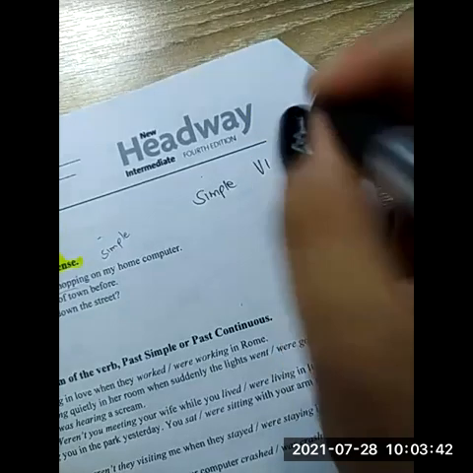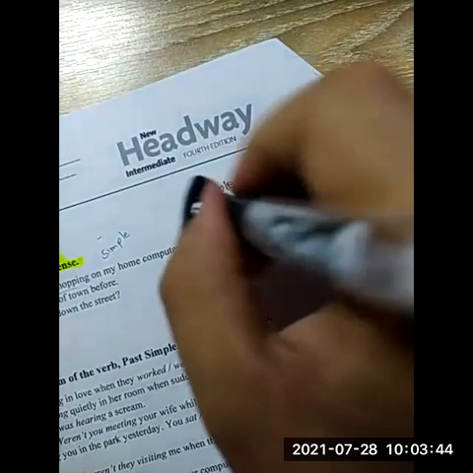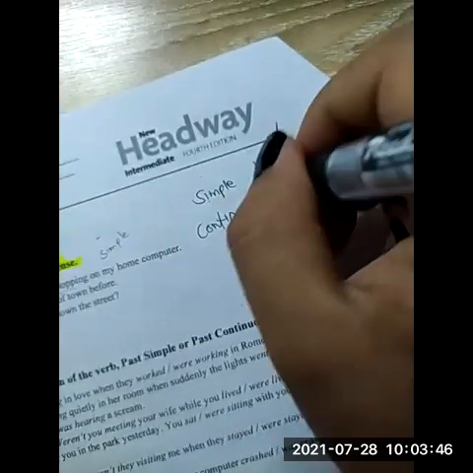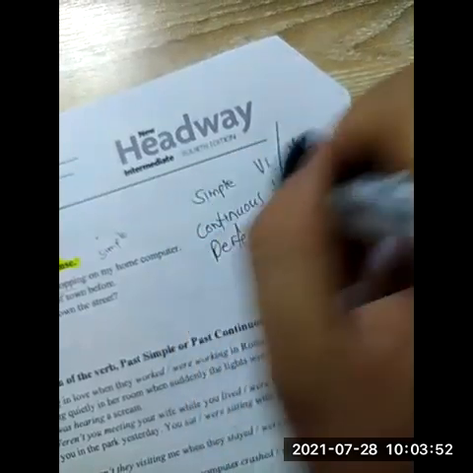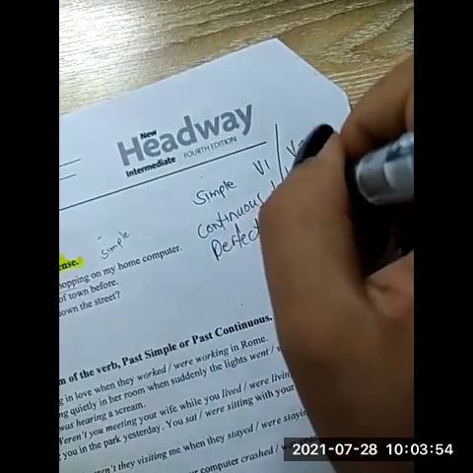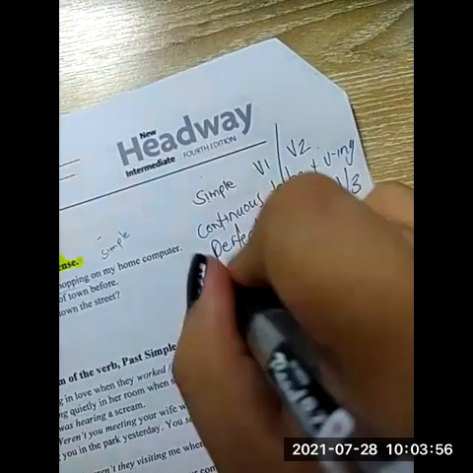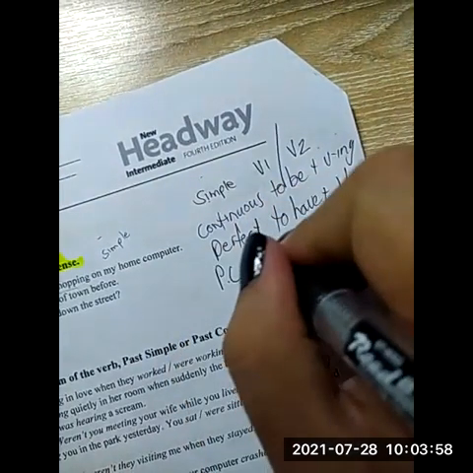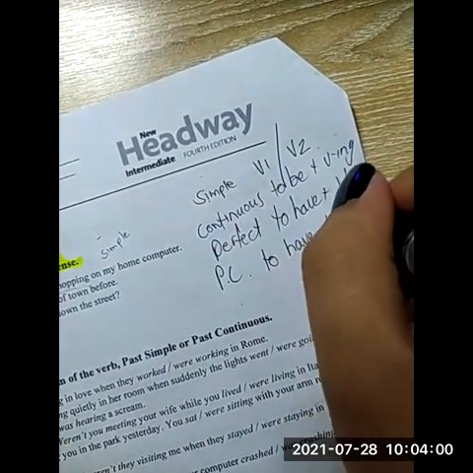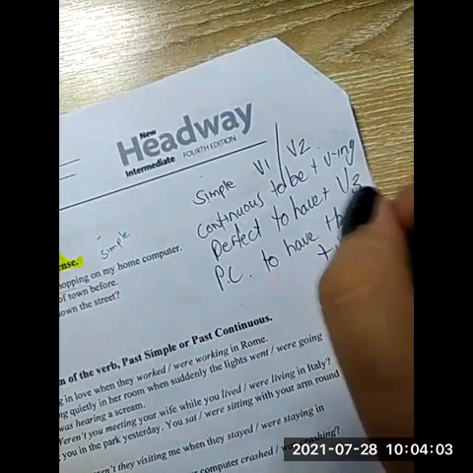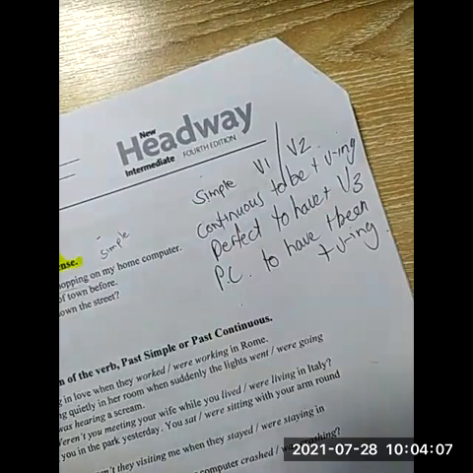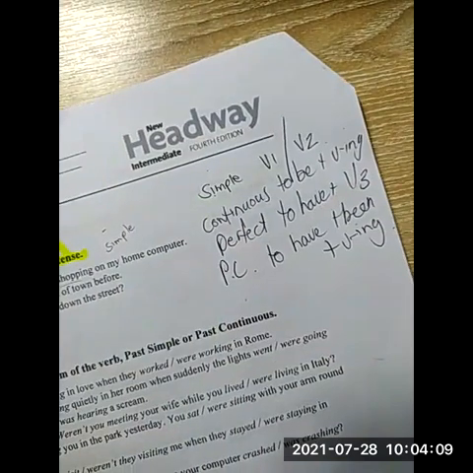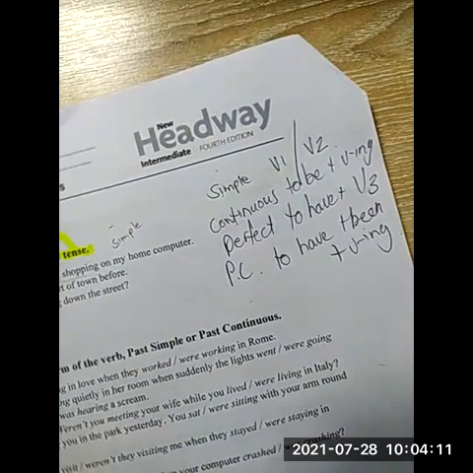Then continuous. Continuous is to be plus verb ing. Perfect is to have plus verb 3. And perfect continuous is to have plus been plus verb ing. Okay, and those are the things that you absolutely need to know. Okay, that's just theory. You just have to memorize that.